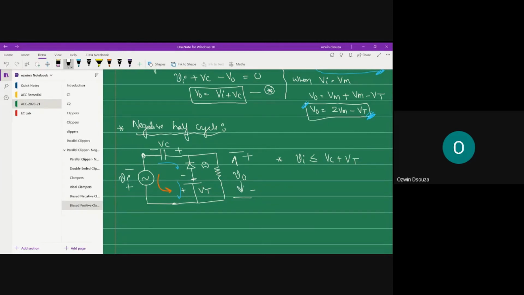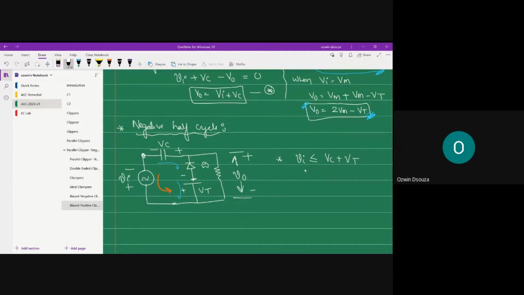Because Vc and Vt have the same polarity, I mean, they are additive in nature, hence I'm taking the total voltage as Vc plus Vt. At the maximum, your right hand side can be equal to left hand side, or your right hand side can be greater than your input.